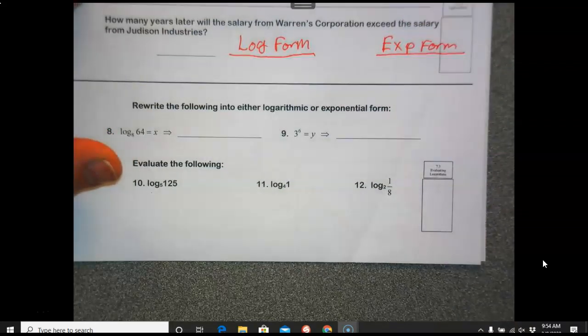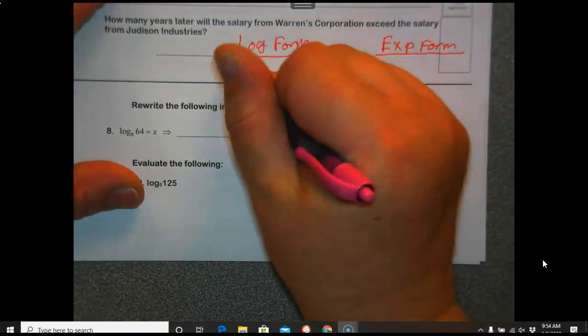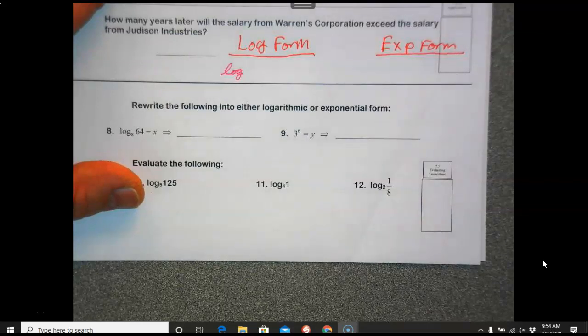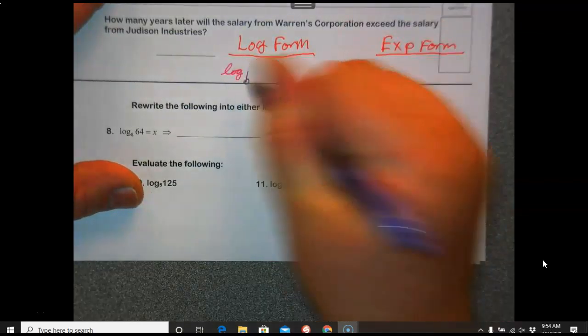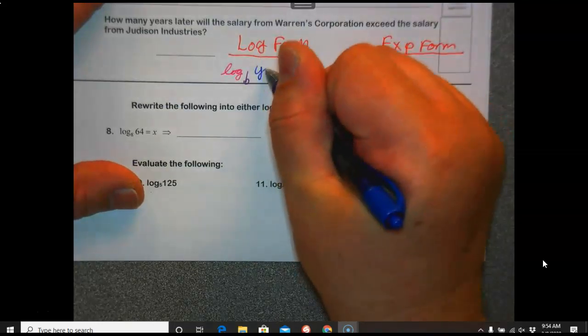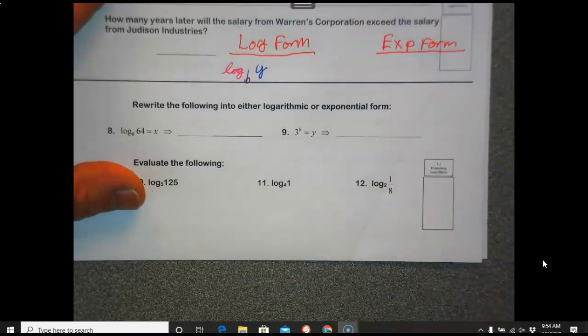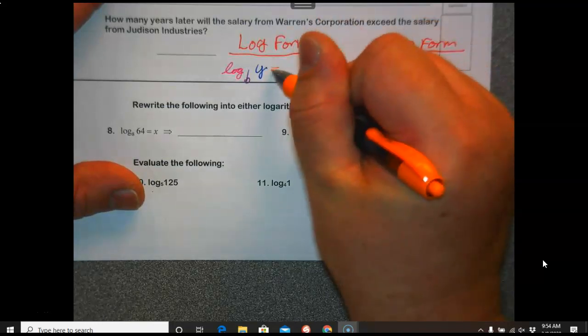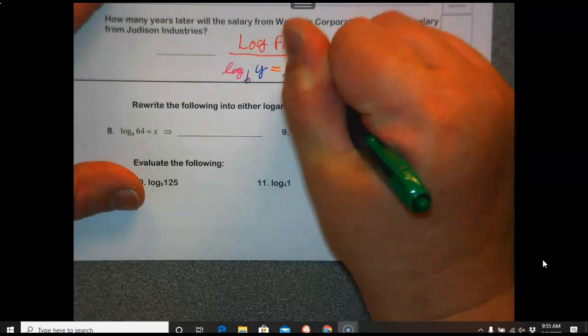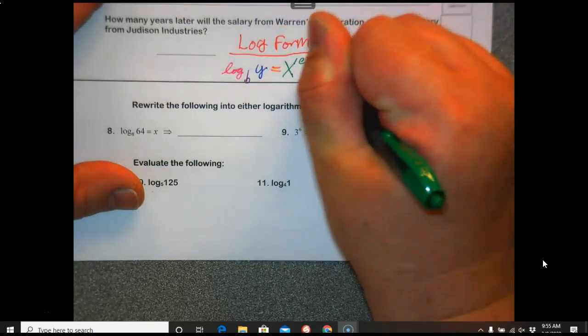And let's see, log form, I have to have the word log, of course. Then I have a base B. And then I have the number y. That's going to equal the exponent. And we'll use x. It's our exponent.